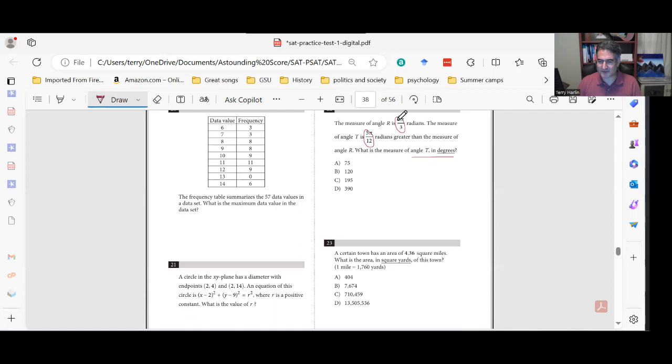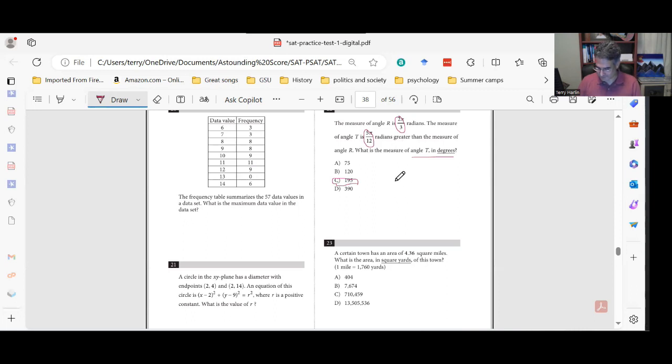Almost a half plus 2/3. I know that's going to give us a number that is somewhat over one. One what? One pi. If 2 pi is 360 degrees, then one pi would be 180 degrees. So a number slightly above that would be 195 degrees, or C. And there's our answer.